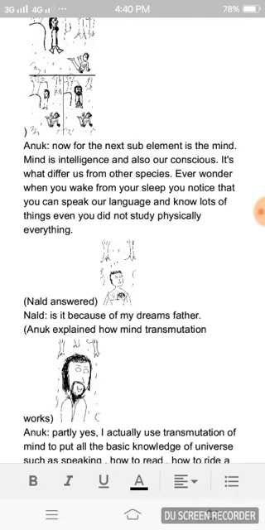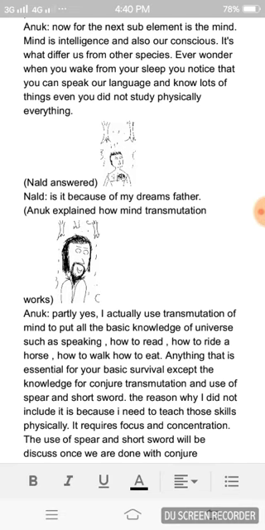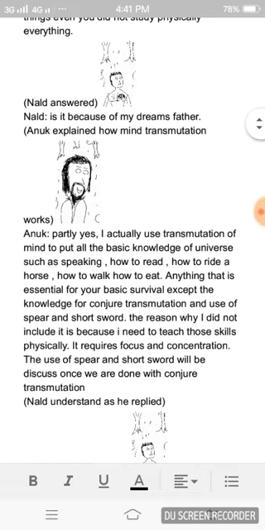Anuc explained how mind transmutation worked. "Partly, yes. I actually used transmutation of mind to put all the basic knowledge of the universe, such as speaking, how to read, how to ride a horse, how to walk, how to eat, anything that is essential for your basic survival, except for the knowledge for conjure transmutation and the use of spear and short sword.